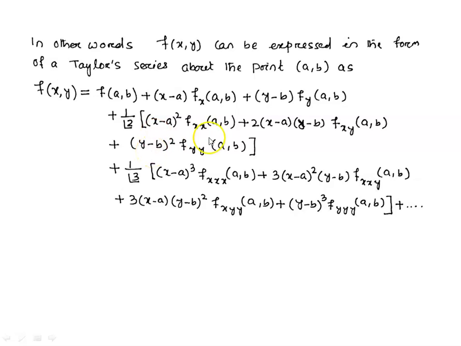This is just a notational difference. In the place of ∂/∂x, we have written fx. In the place of ∂/∂y, we have written fy. So basically this fx(a,b) denotes the partial derivative of the function with respect to x at the point (a,b). Similarly, this fy(a,b) denotes the partial derivative of the function f with respect to y at the point (a,b).